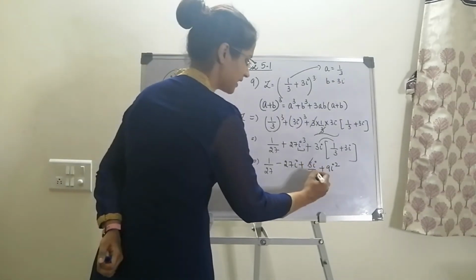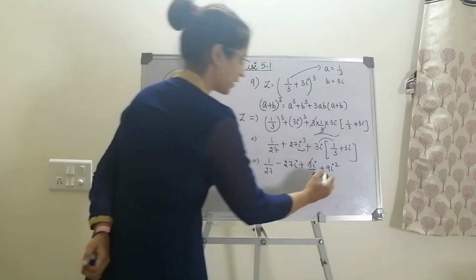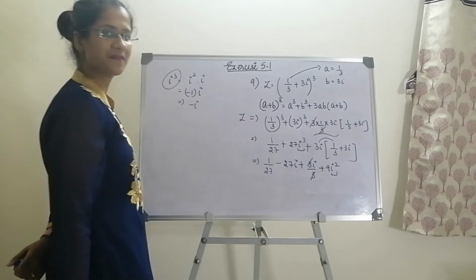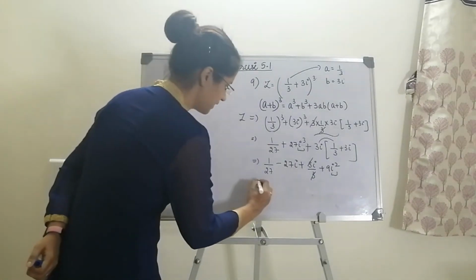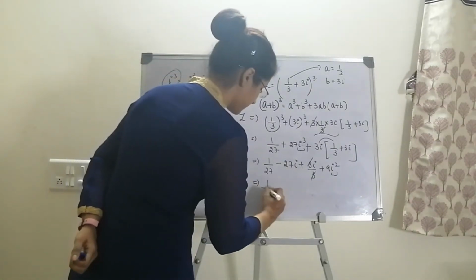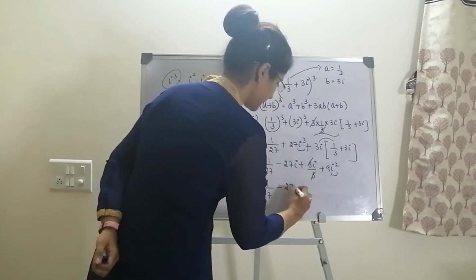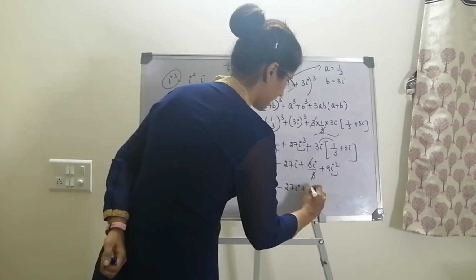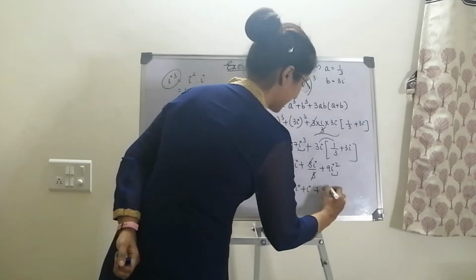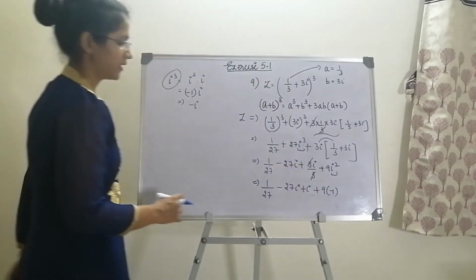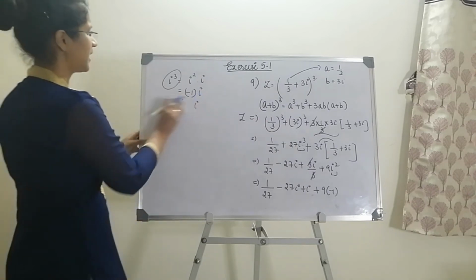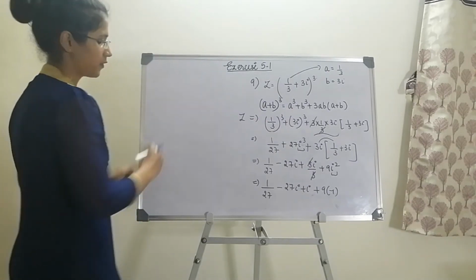Again here 3 and 3 will get cancelled. Now here I can again substitute the value of i^2 as minus 1. So this can be written as 1/27 minus 27i plus 9 into minus 1. I hope each and every one of you are able to follow.